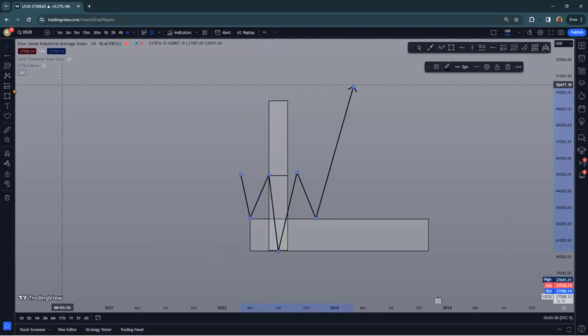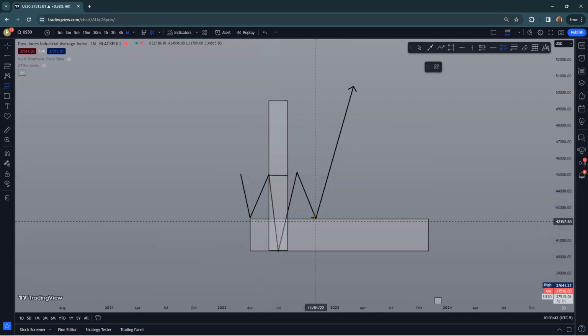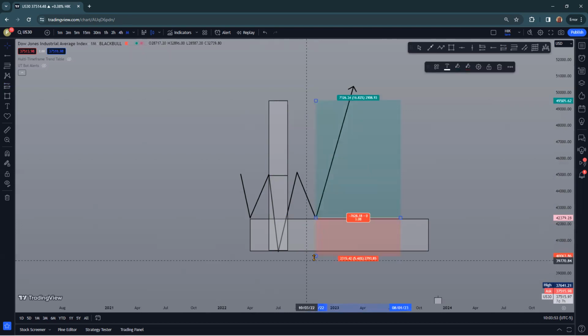And then I take this tool, which is the long position. And let's say I entered right here, I caught it right here. I'm going to go ahead and enter here, stretch this out to the end of that box, and put my stop loss a few pips below the neck. I'll say 1 to 2.5, but 1 to 3.